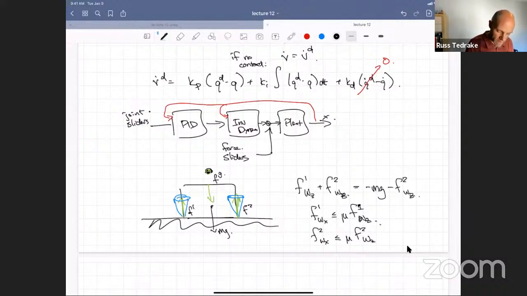And that implies that the sum of these things must also be less than or equal to the sum of those of the horizontal forces, right?